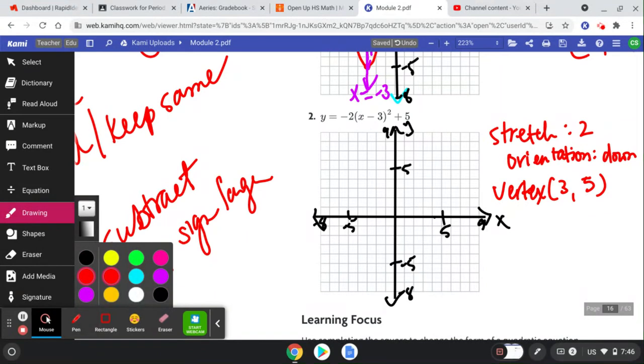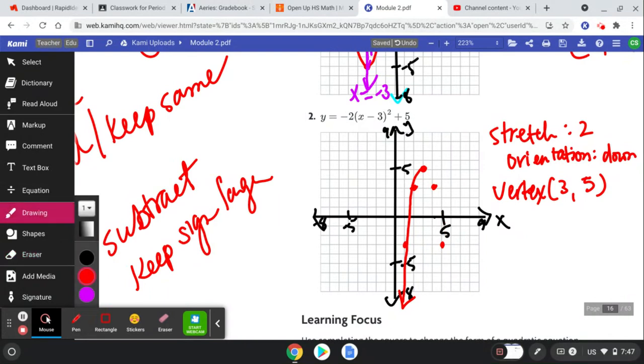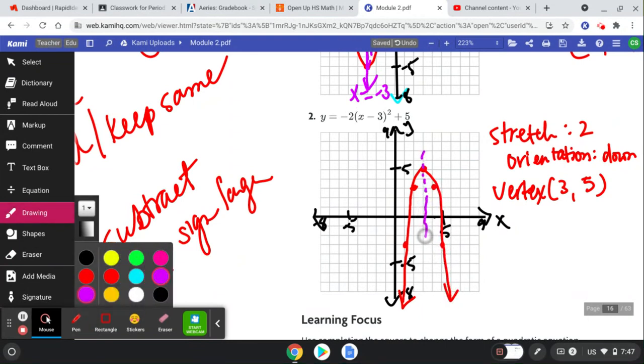Go put that vertex at out 3, up 5. And then grow down at a stretch of 2. So out 1, down 2. Out 2, down 8. Connect your graph. Drawing your line of symmetry straight through x equals 3.